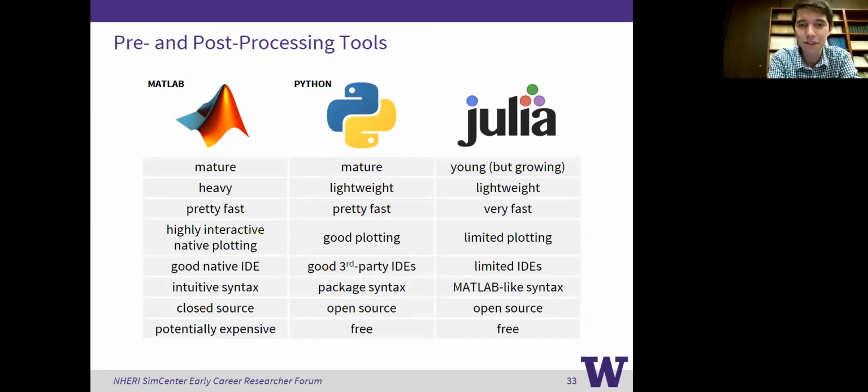And Julia is maybe a language for the future here, but really not mature enough at this stage to use as a reliable pre and post processing tool. So that's my comment, MATLAB versus Python. I think some people can get pretty defensive about it, but really do what makes you happy. Do what makes you productive as a researcher.